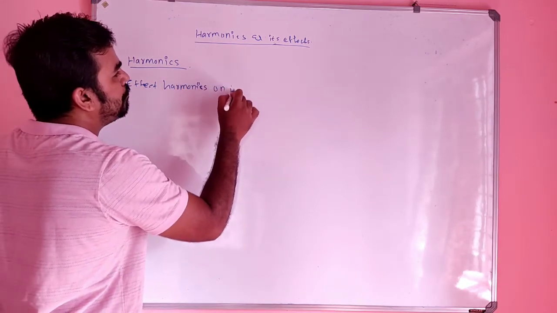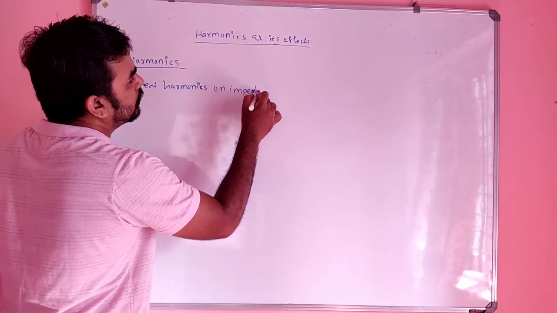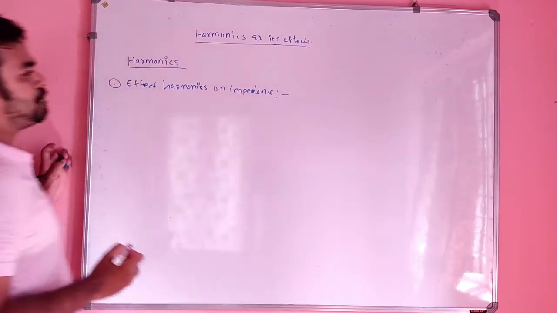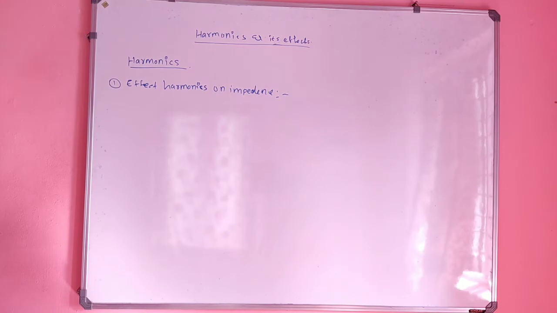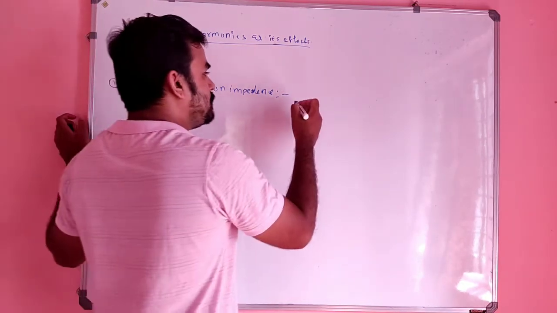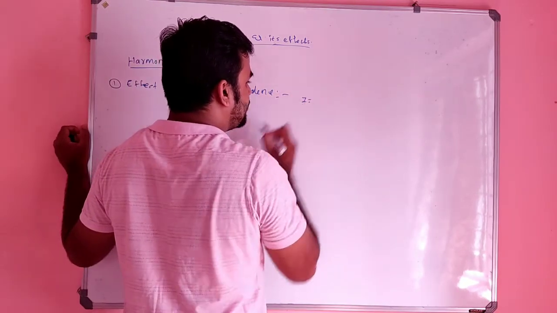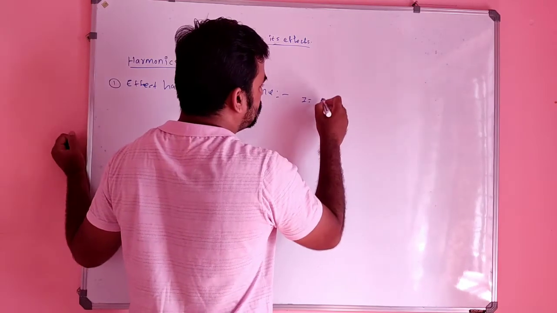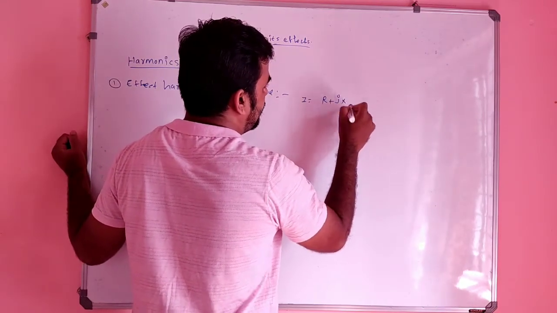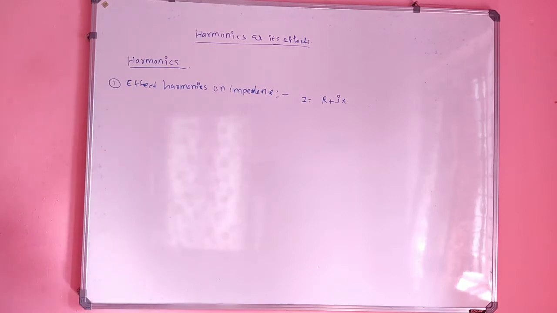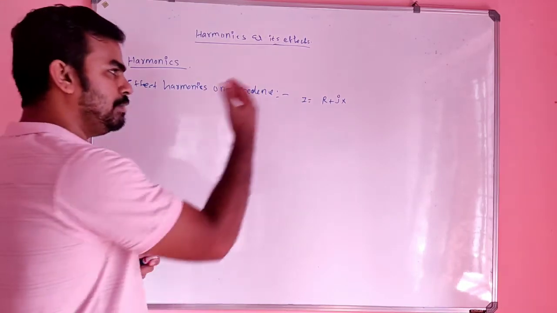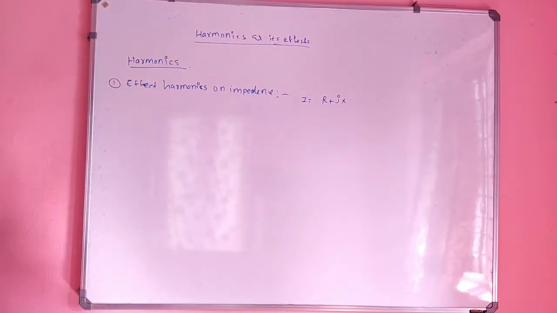The first one is the effect of harmonics on impedance. Suppose a system is represented by the impedance Z is equal to R plus jX.